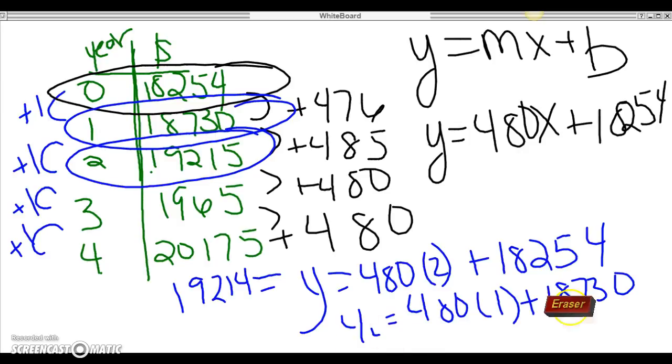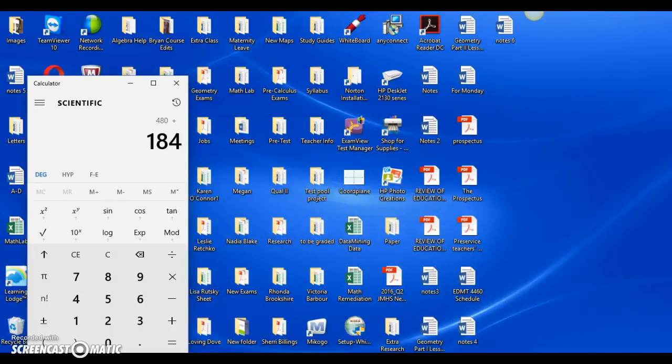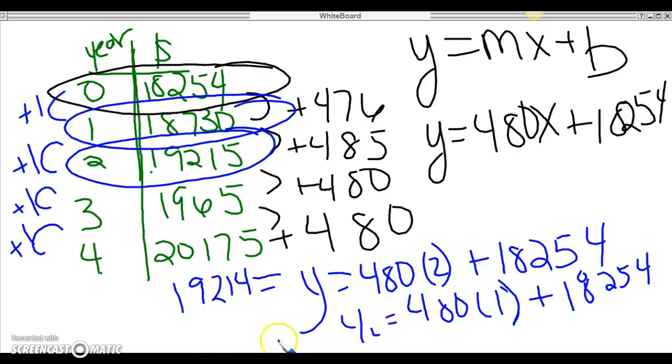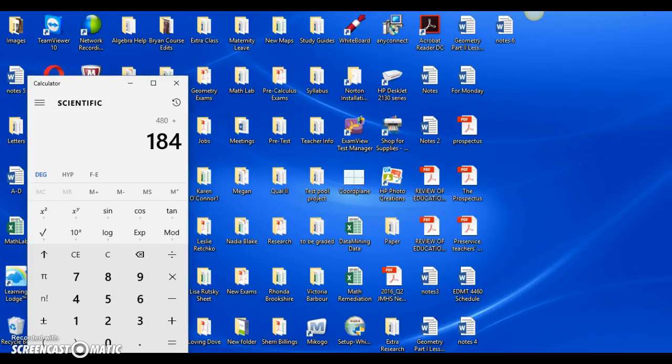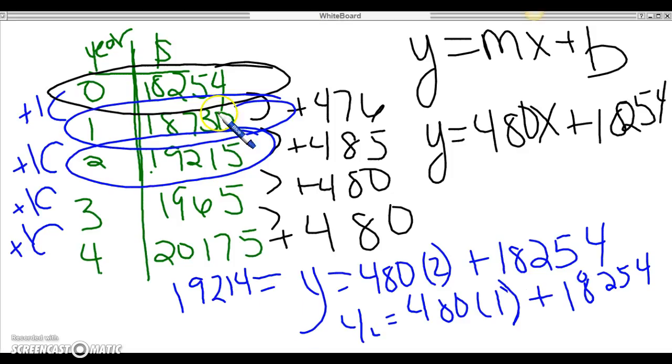I wish the student was here to say, Miss Kate, you put the wrong value. This is actually supposed to be 18,254. So let's do that instead. Sorry about that. So it's 480 plus 18,254. And that gets me 18,734. Let's look at our chart. Yep, 18,730. So that's really, really close. So this is a really good equation to use. I hope this helps.